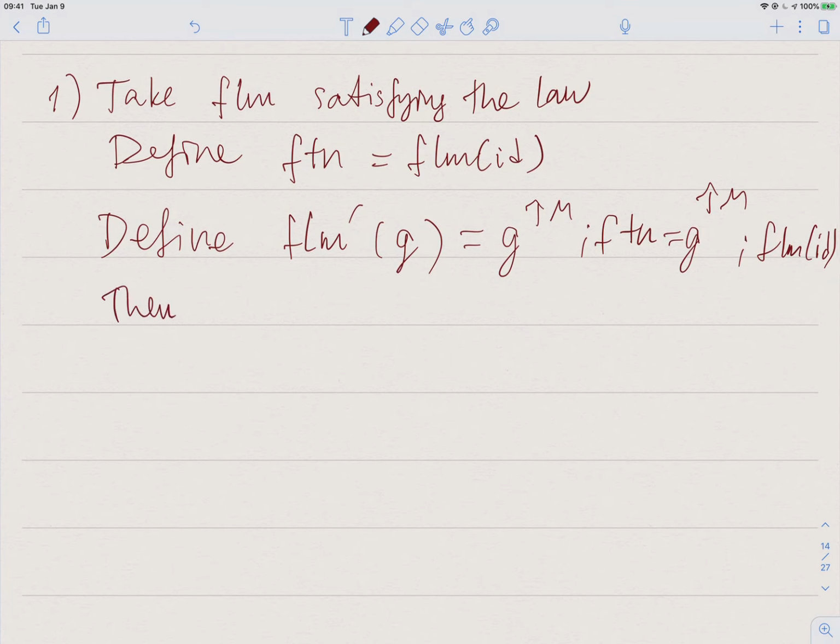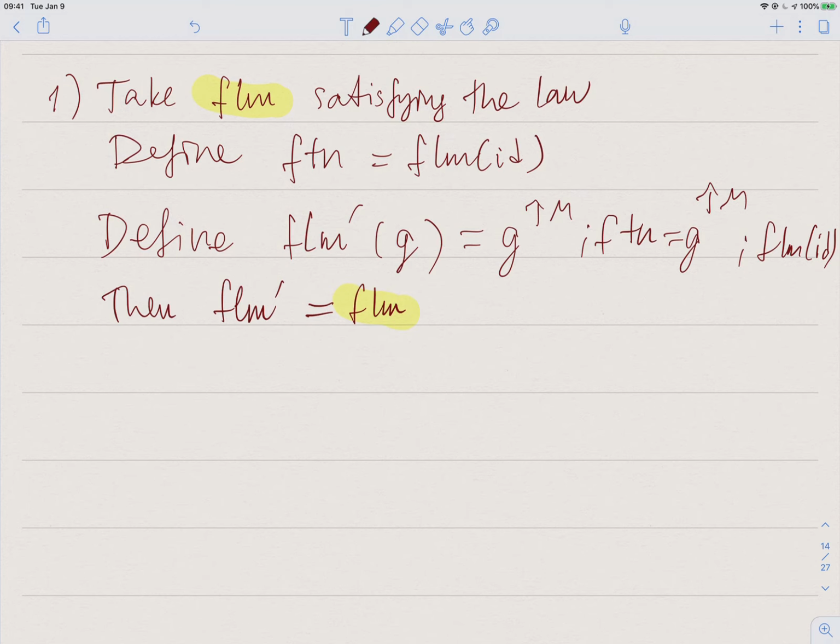Then flatMap prime must be equal to flatMap. So if we start with any initial flatMap here that satisfies the law, then we define flatMap prime through these equations, and we get back the initial flatMap.